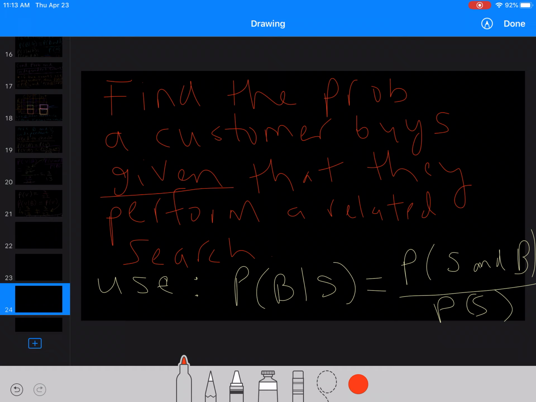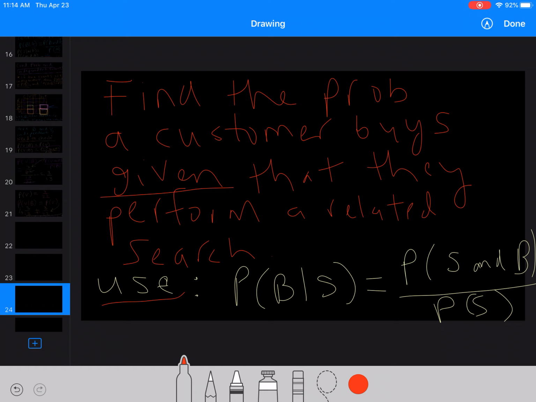So in mathematical notation, we're going to use the conditional probability formula that we're used to now. So the probability that the person buys B given the search. All right. So what we need to have is a formula set up this way.